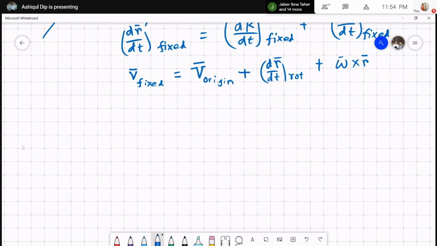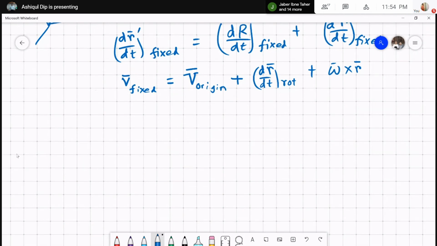Actually, we can write it like this: v fixed, the velocity seen by the fixed observer, is the separation velocity of the origin plus the velocity seen by the rotating observer plus omega cross r.